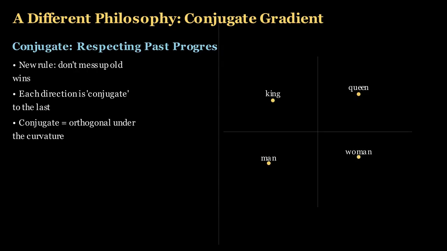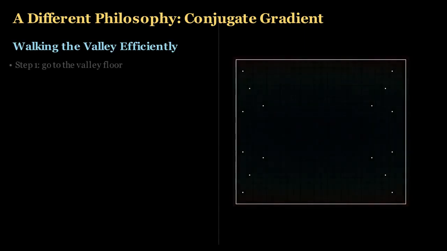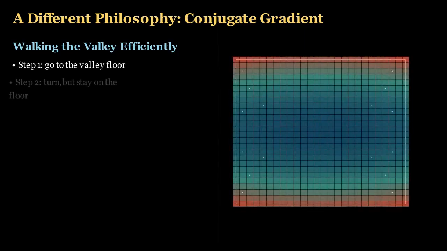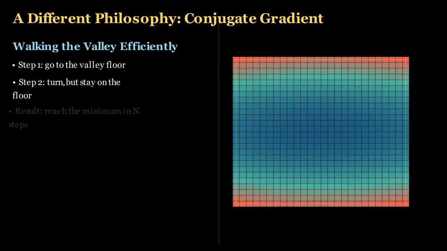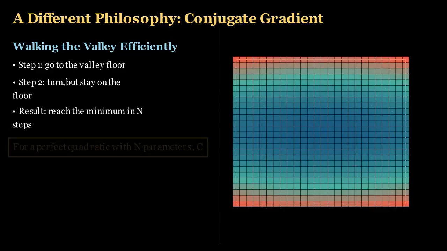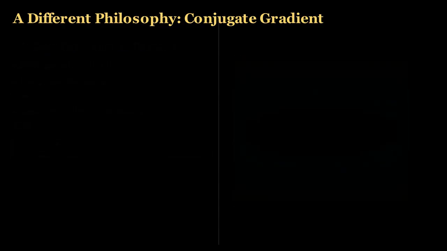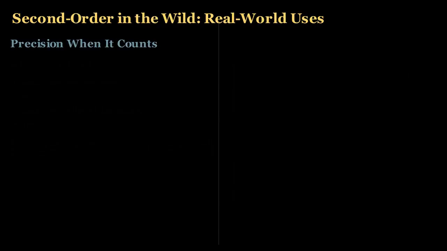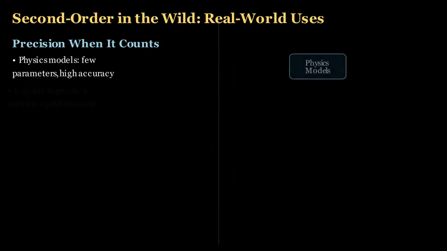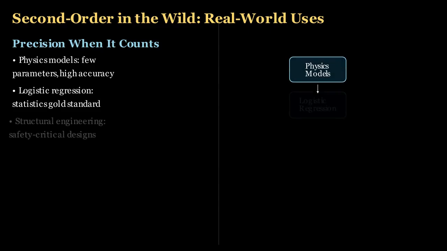This means it won't interfere with the progress already made. Picture a long, tilted valley. The first step takes you straight to the bottom. The next, conjugate direction turns you along the floor, never climbing back up the walls.